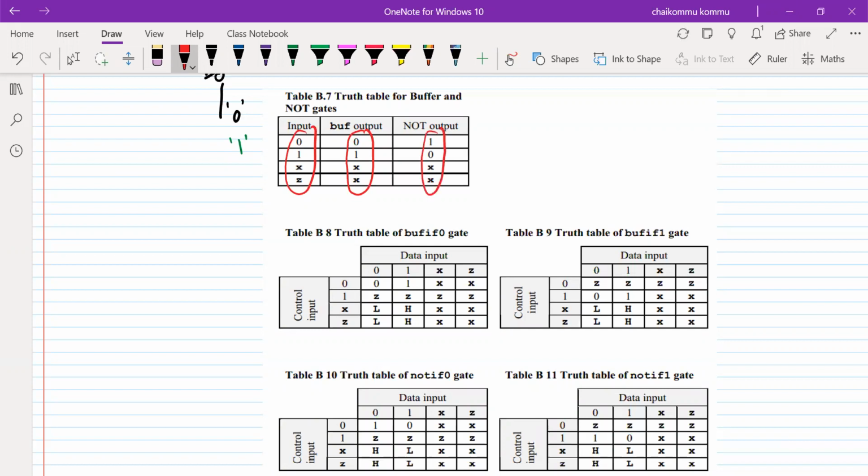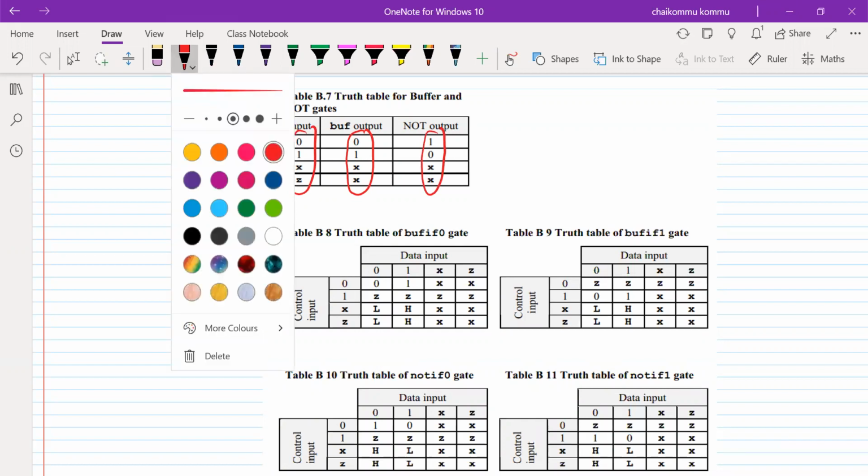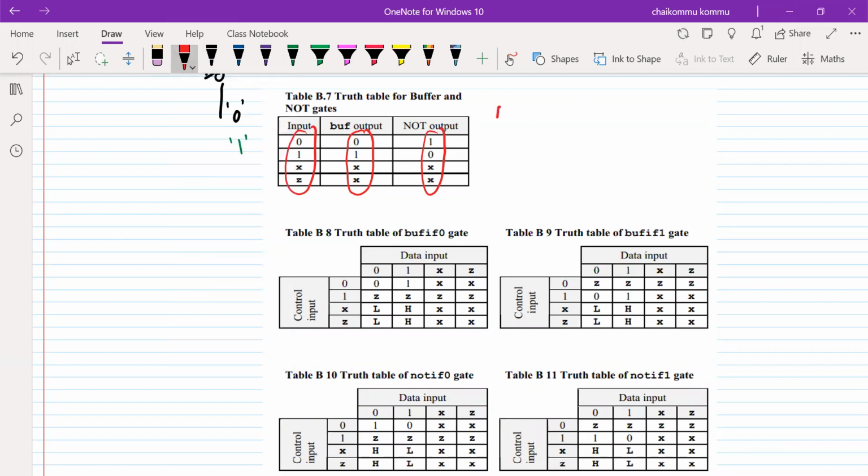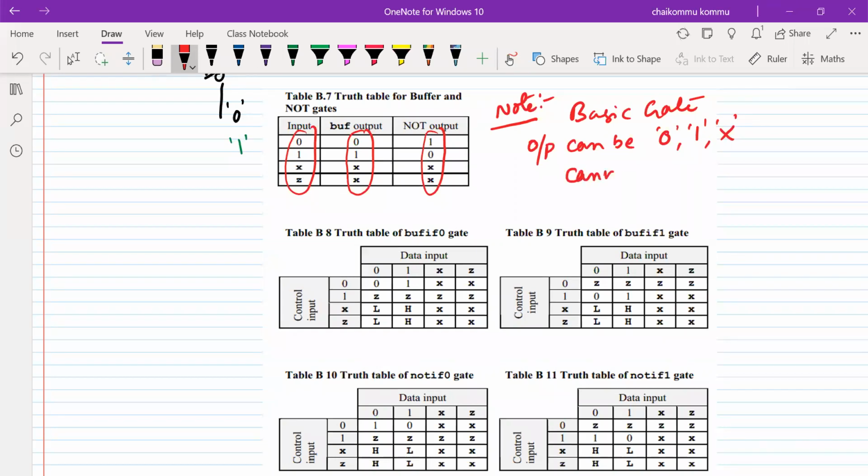So it's very important to note that. If you're using the basic gates, the output can be either at logic 0 or logic 1 or logic X, but cannot be high impedance state.